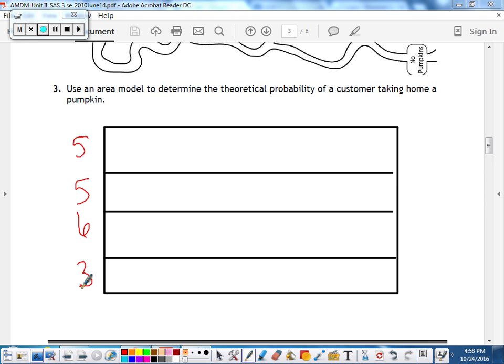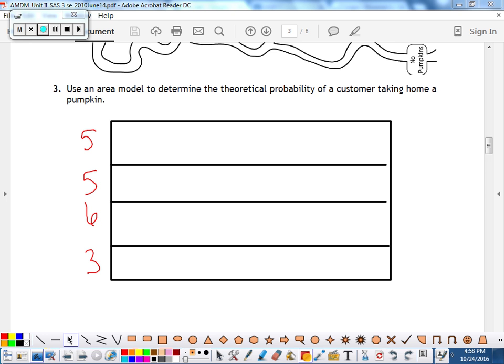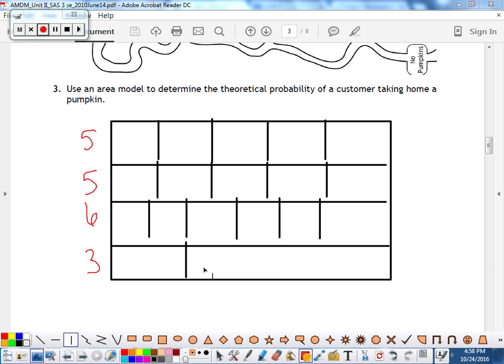So I'm going to divide it into those pieces. So this one's going to have 5. So 1, 2, 3, 4. This one's going to have 6. 1, 2, 3, 4, 5, 6. And then this one's going to have 3. Okay. So we have that kind of split up.